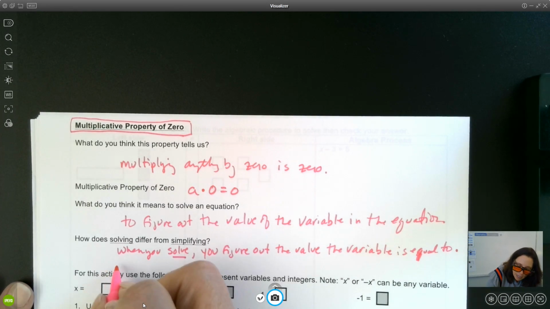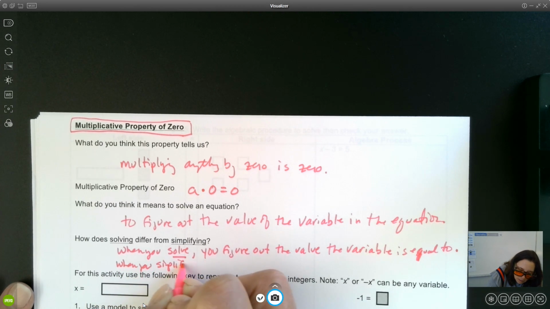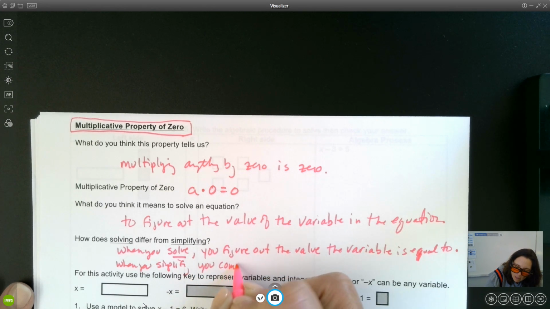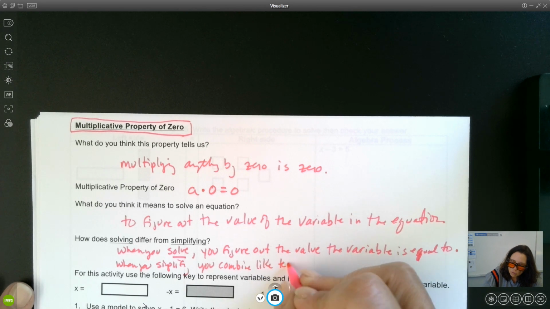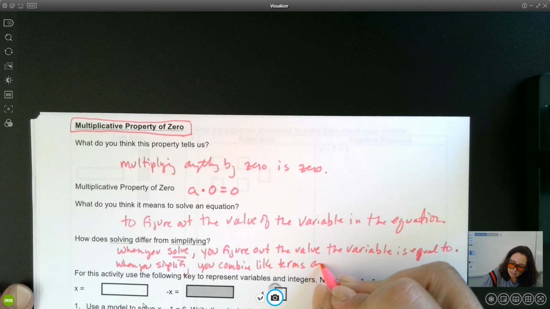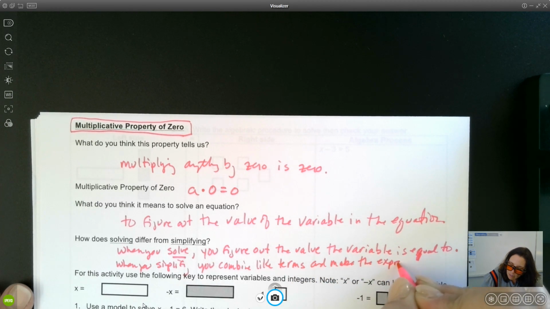Okay, when you simplify, you combine like terms. Okay, and you learned what like terms were in Module 3. You combine like terms and make the expression the smallest it can be.